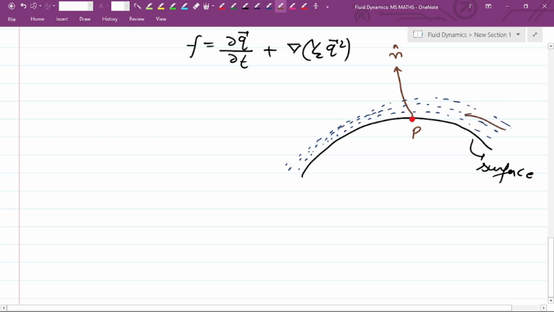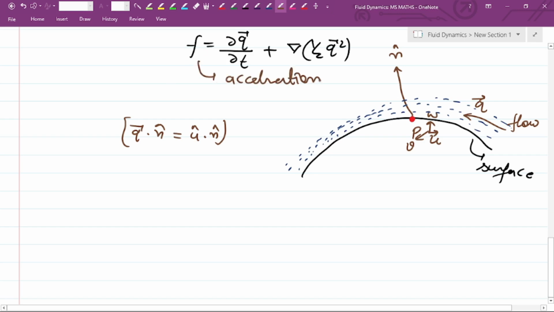The flow is in this way, with components u, v, w, along x, y, z. Now q vector dot n cap is basically u dot n cap. So this is the result, and this is the acceleration of fluid. So this is all about the acceleration.